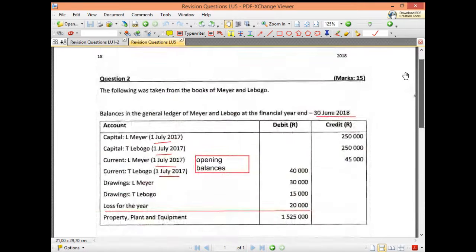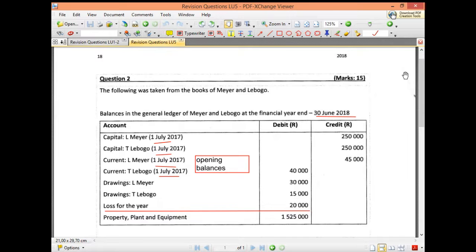Okay, so let's see what information they have given to us. They told us the balances in the general ledger of Meyer and Lebogo for the financial year end 30 June 2018. Okay, so these are the balances at the end of the year. But now, very important, as you can see, the capital accounts as well as the current accounts are balances at the beginning of the year, the 1st of July.